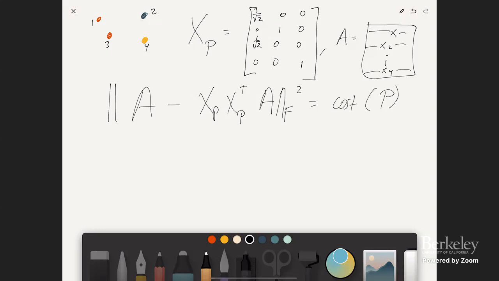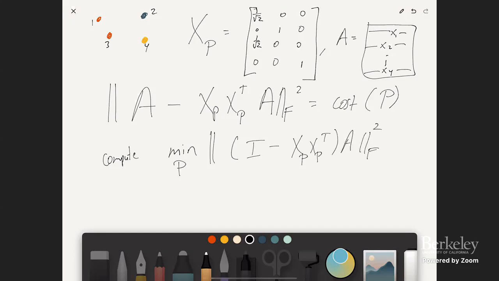Which means that you can rewrite k-means clustering as: compute the min over all partitions P of the Frobenius norm squared of (identity minus X_P X_P transpose) A. And let me just rewrite this as the min over all Q in a certain set, where let's say the rank of Q is also at most k.